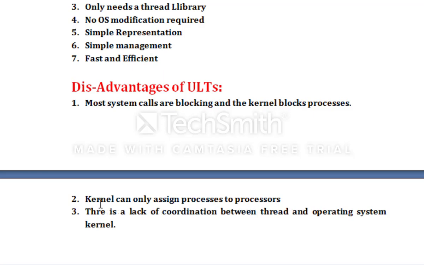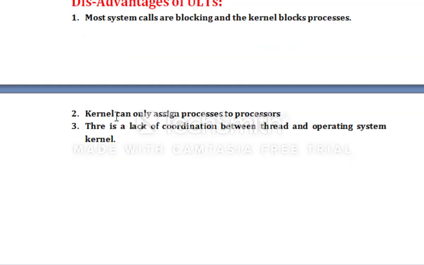Therefore, the process as a whole gets one time slice irrespective of whether the process has one thread or 1000 threads within. So it is up to each thread to relinquish control to other threads. This is about the disadvantages of user level threads.